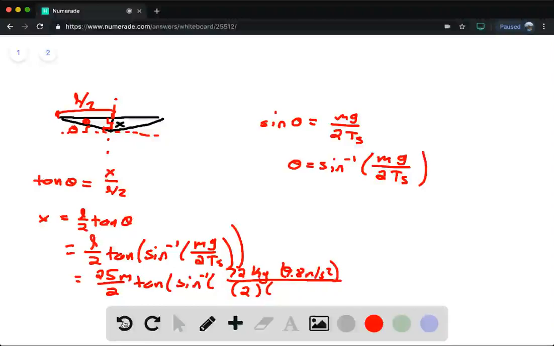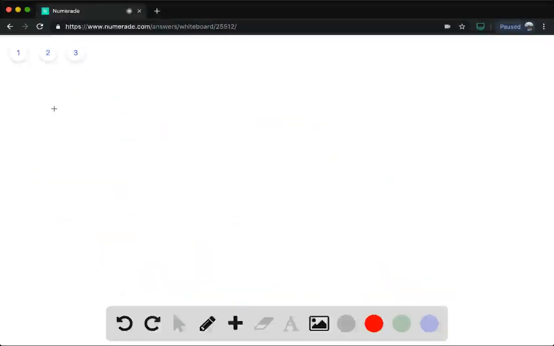And remember, a kilonewton is 10 to the 3 newtons. If you plug that into a calculator, you should get about 1.5 meters. So that's part A. We just found x such that the maximum safety range would be satisfied.